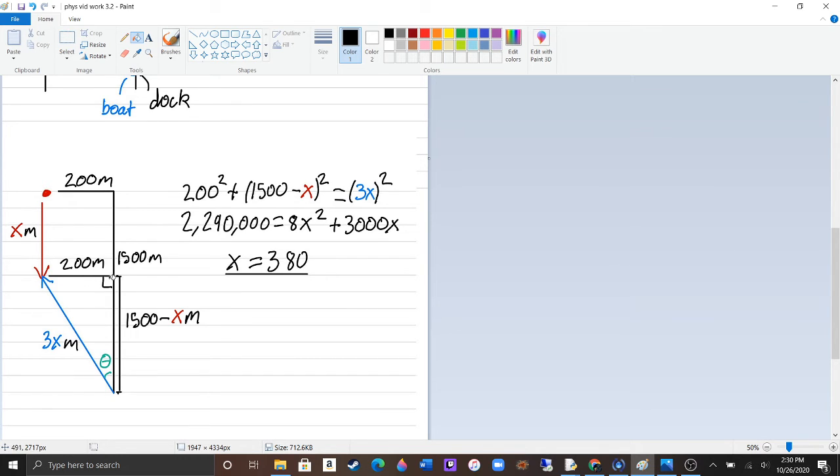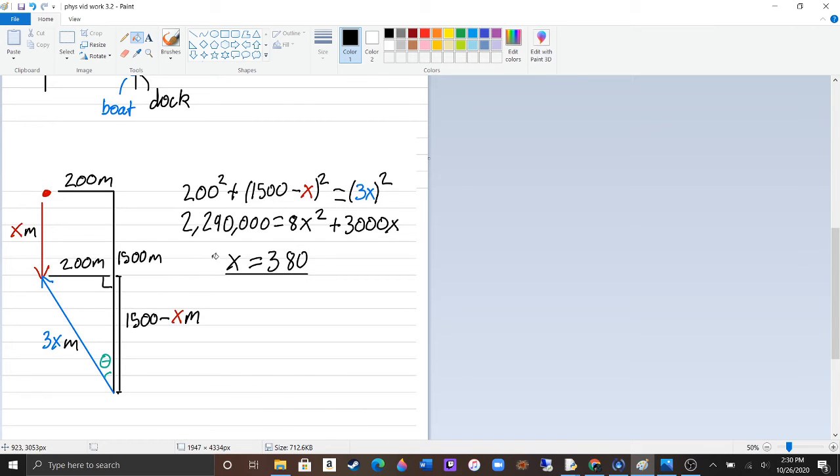So if the child is moving straight down the river, they will continue to stay 200 meters from the shore, and they will have traveled an X number of meters. So we know that the boat has traveled upstream 1,500 minus x meters.